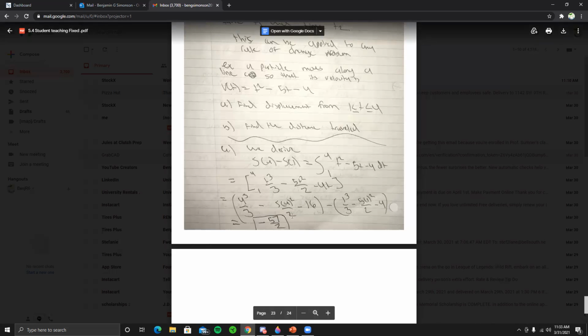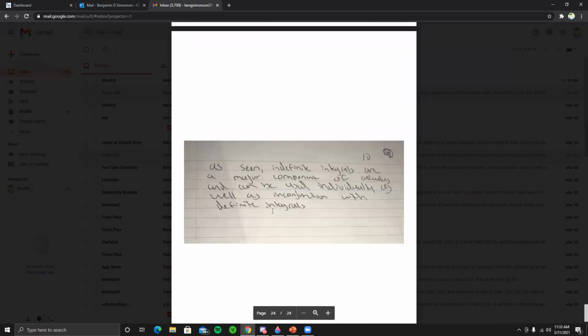The displacement is 57 over 2, it's just moving left. Speed can't be negative. It's just the direction it's moving in. So as seen, indefinite integrals are a major component of calculus and can be used individually as well as in conjunction with definite integrals.